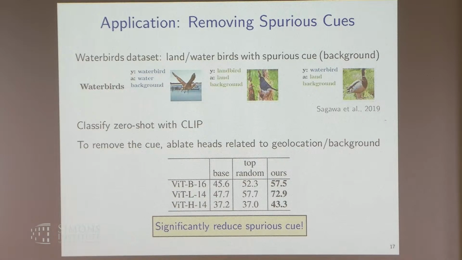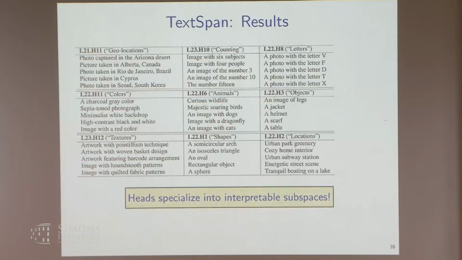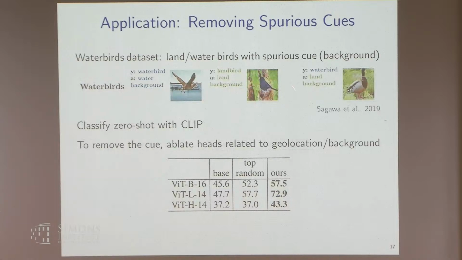So the final thing I want to say here is, what can you do with this list? One thing you can do is remove spurious cues. There's a famous data set called the Waterbirds data set that has different bird species whose native habitat is land or water, which then also are on water or land backgrounds.